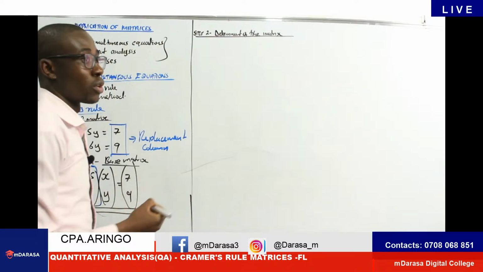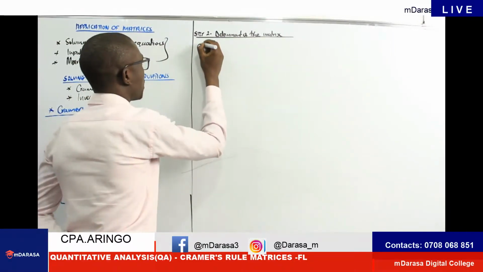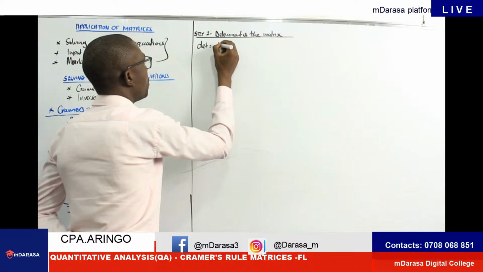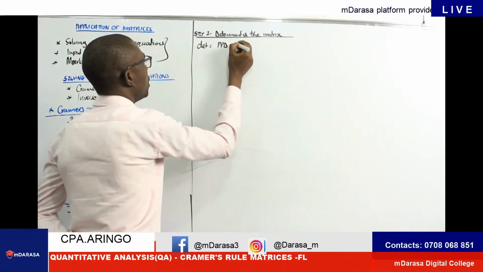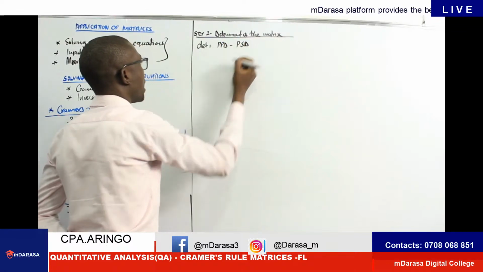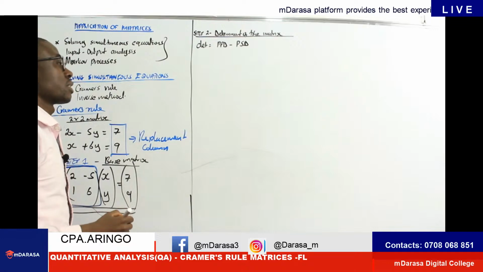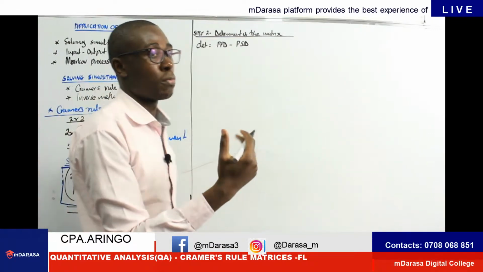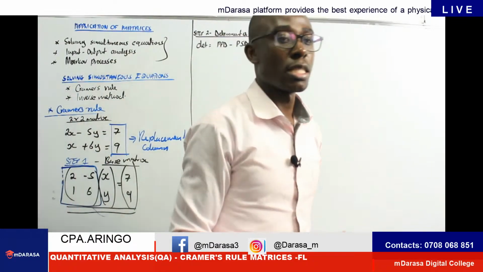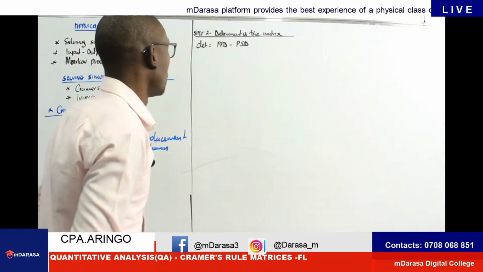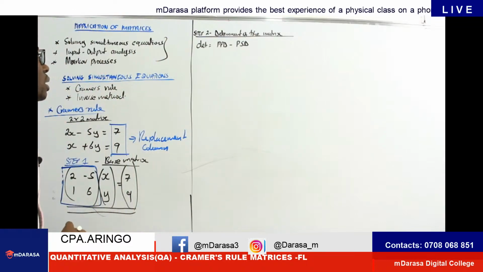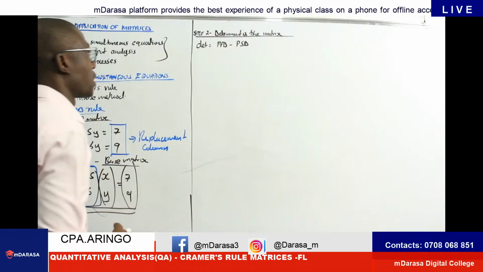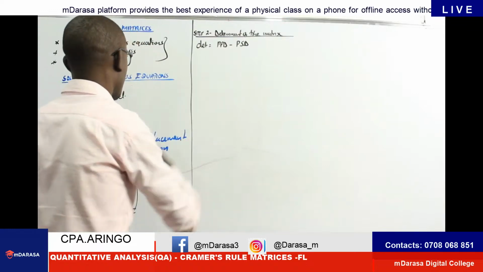This will be very simple. Recall, for us to determine the determinant, we normally tend to talk about the product of the primary diagonal minus the product of the secondary diagonal. That is what will give us our determinant.